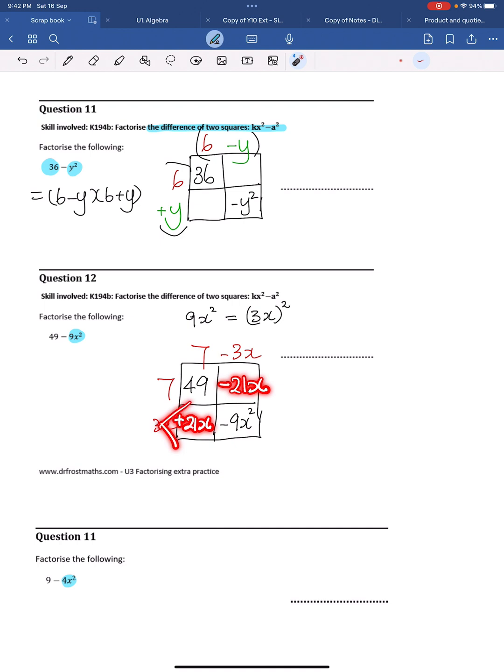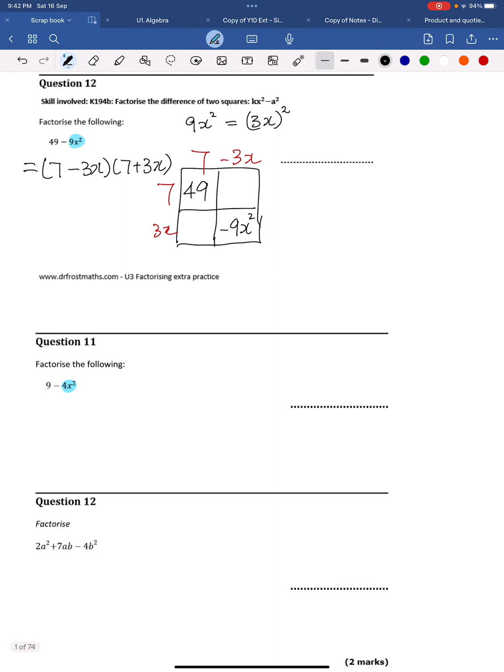And this is the reason why we don't have any middle terms, because they cancel out each other. Right, so going back, bracket them up, write them properly in their factorized form. You have 7 minus 3x, 7 plus 3x.